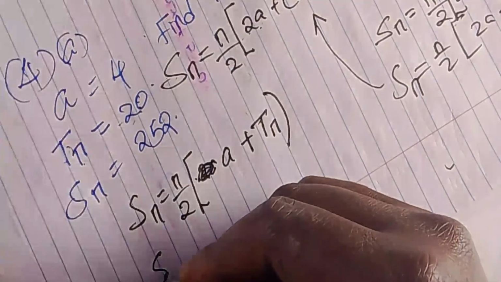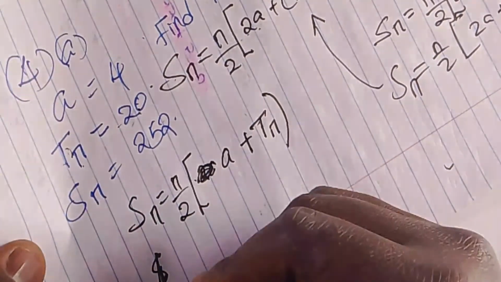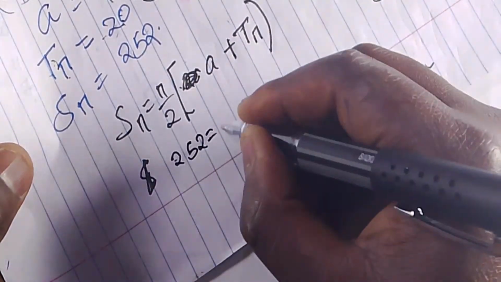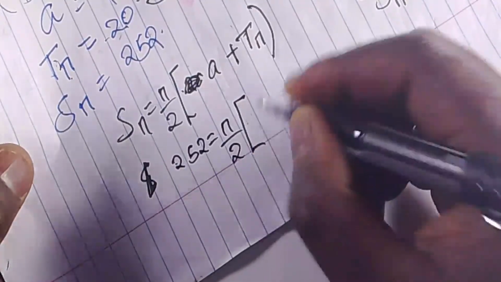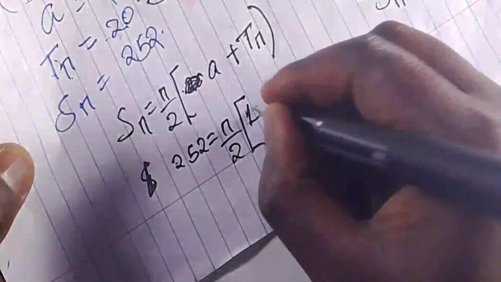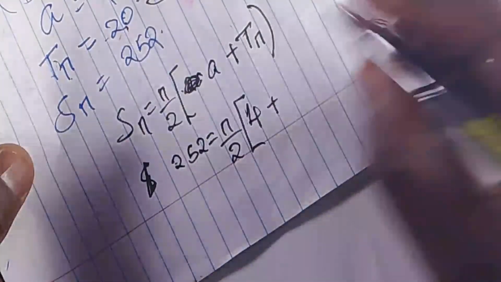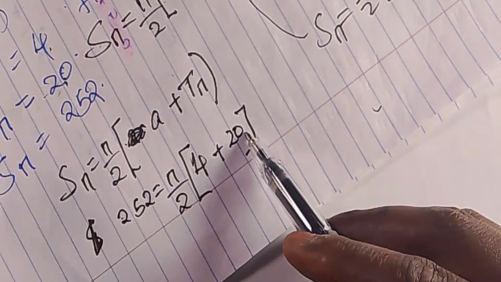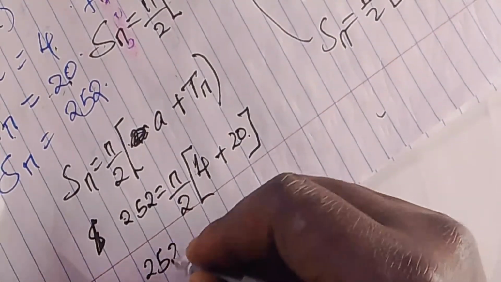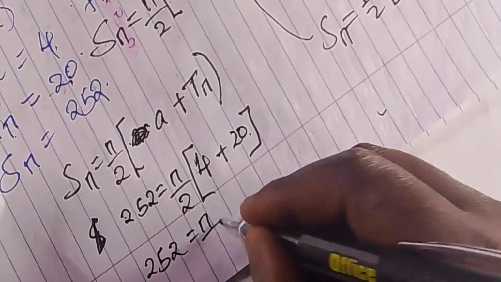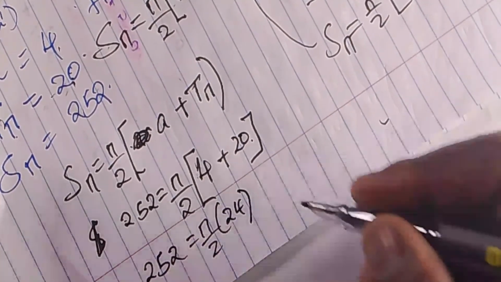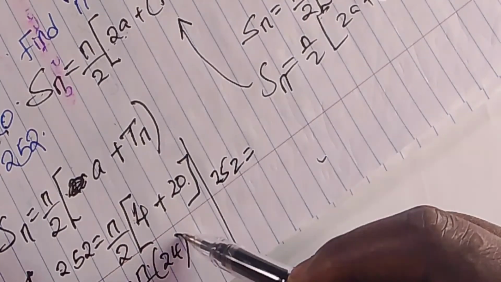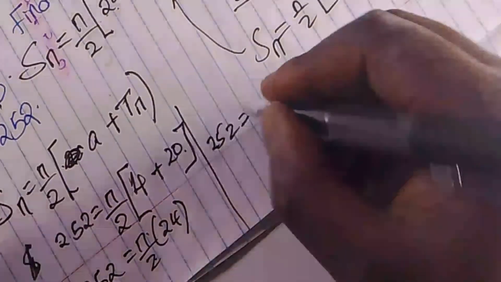Sum of n, which we already have, is 252, equals n over 2 into brackets a, which is 4, plus tn, which is 20. So 20 plus 4 is 24. Therefore 252 is equal to n over 2 multiplied by 24, which gives 252 equals 12n.